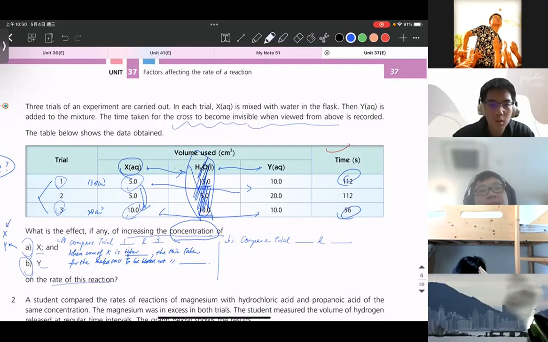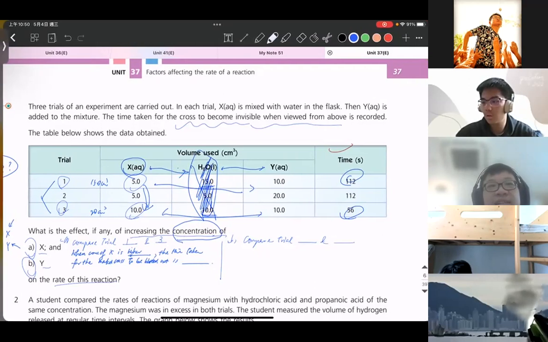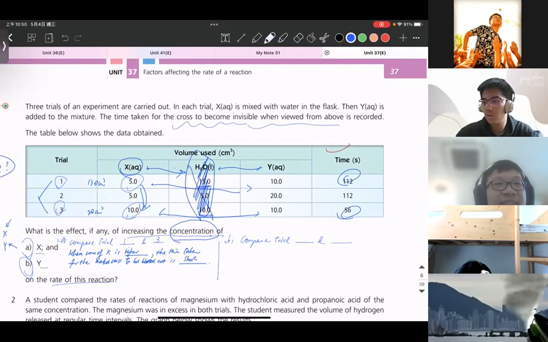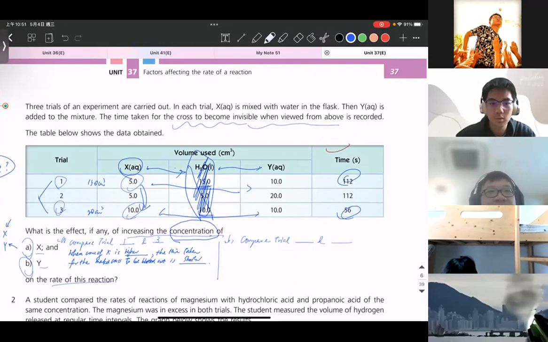Am I correct? You want to tell me the same? The higher the concentration of X, the shorter the time taken. Yes, that's right.